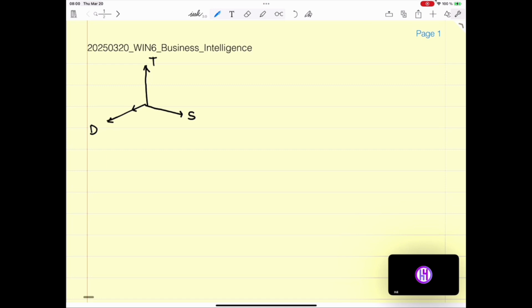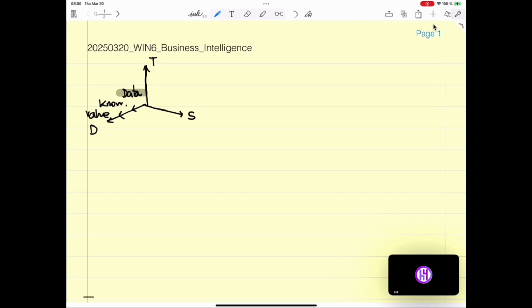And here we have three steps. We said the first step was the data, second step was creating knowledge, and third step was creating value, right? So today we're going to focus on this part, okay?